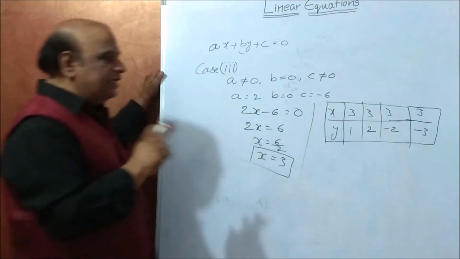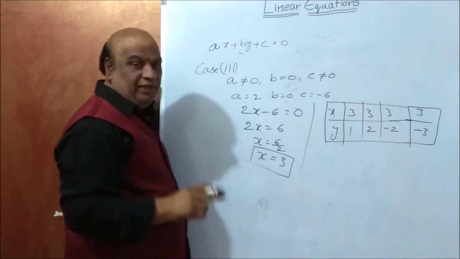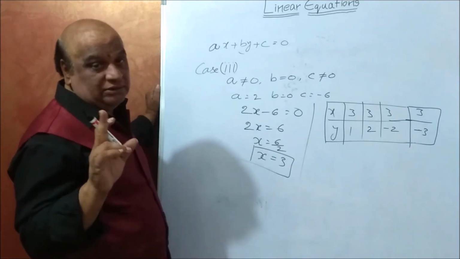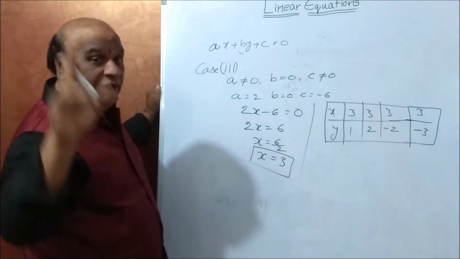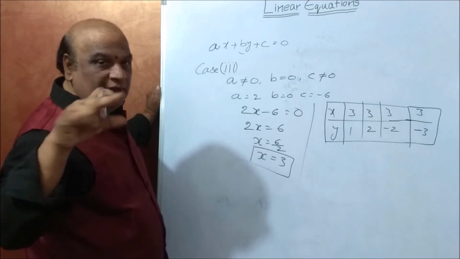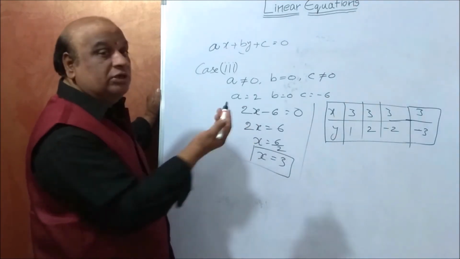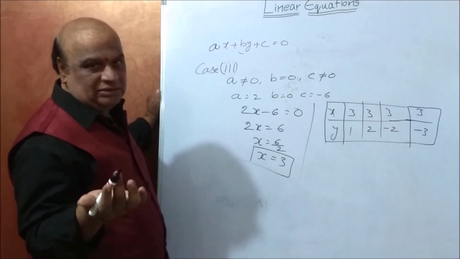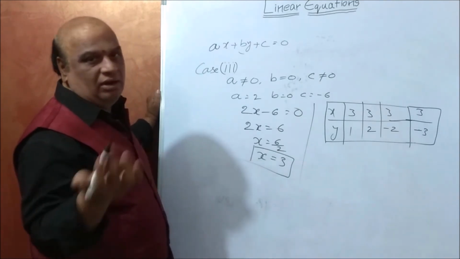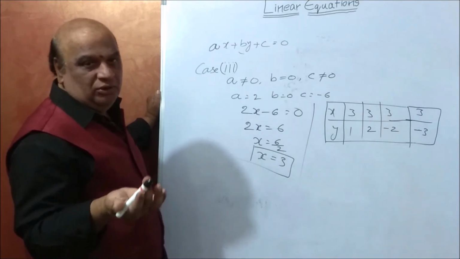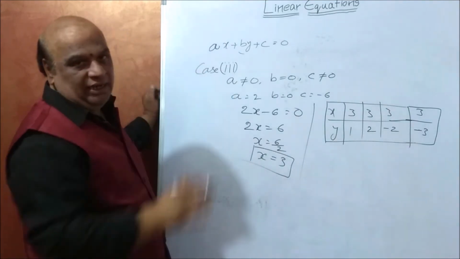But in this case x is constant. X is constant, you remember this. In case 2, y is constant. In case 3, x is constant. Now in this case also we can draw a line or not. It shows a line or not. In this case also we can observe in the graph sheet again.